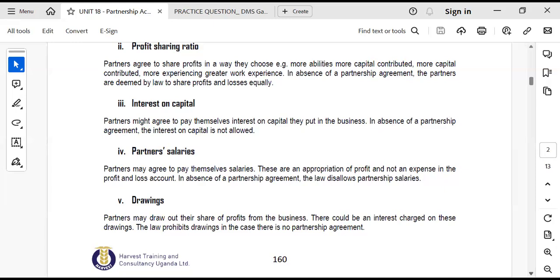These salaries are different from the salaries that you're going to include in your P&L. Why? The expenses that you incur in your P&L ideally are expenses that you've incurred to help you achieve that particular profit that you've gotten for a particular year.